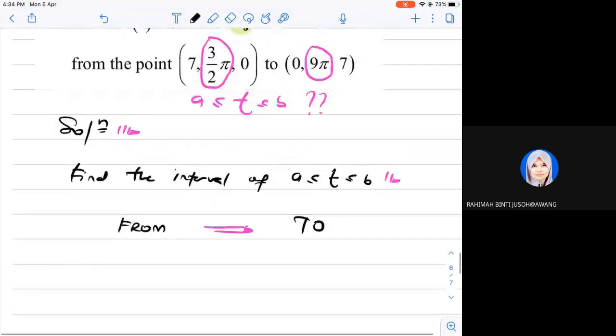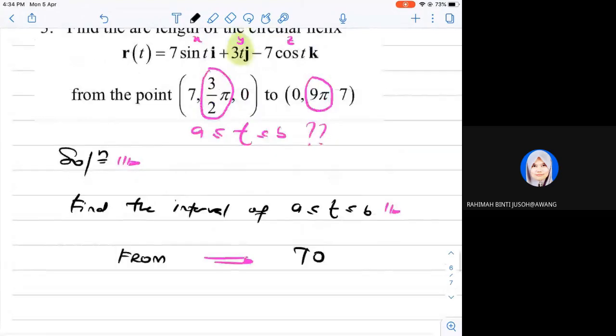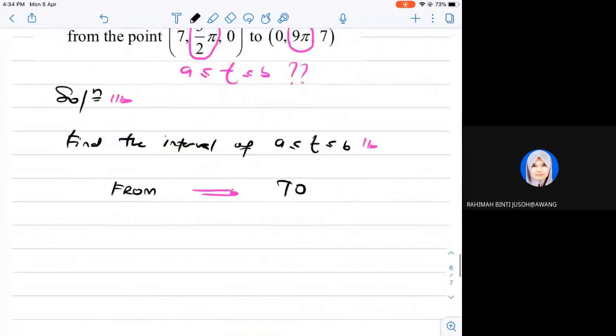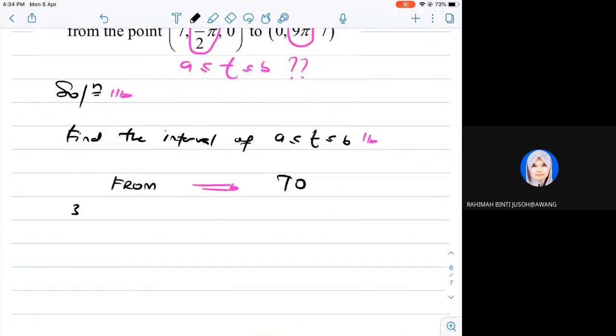Okay, so from titik asal 3 pi over 2. So in our function we have 3t. Right, so equate this. 3t equals to 3 pi over 2. Macam tu. So t equals to, divides by 3, we have pi over 2.